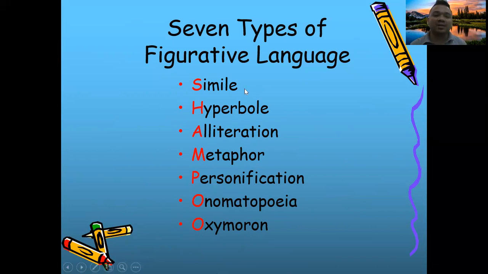Last time we already did simile and metaphor. Now in today's video, we're going to talk about hyperbole and personification. So that is our focus in today's video. Again, hyperbole and personification. Let's get started right away.